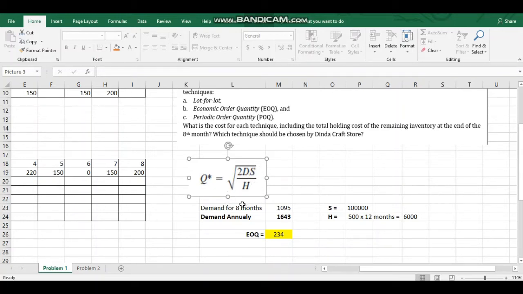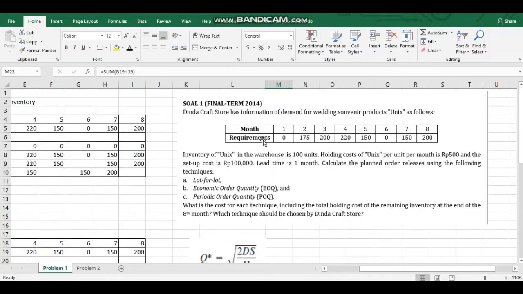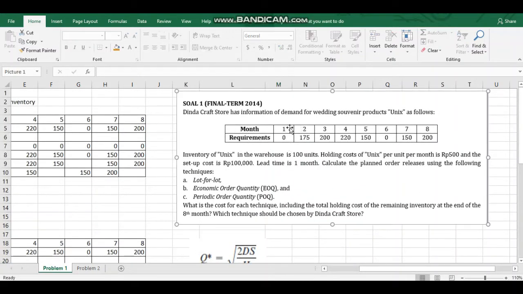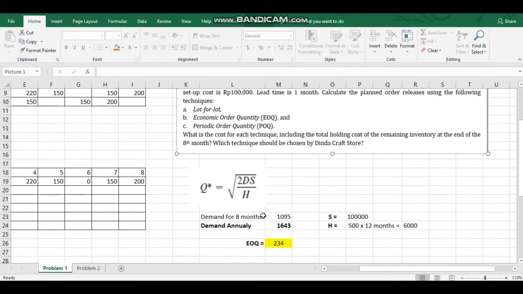But in this case we don't have the annual demand yet, because we only have 8 months in our problem. So 8 months is not equal to 1 year, right?